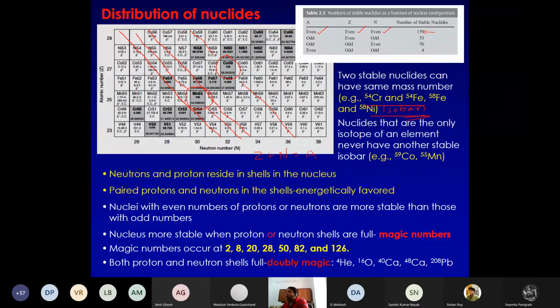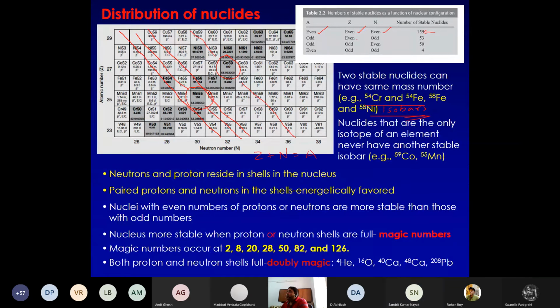Clearly, whenever you have even Z and even N, you have the maximum number of stable nuclei. That is because those nuclides have configurations where you have paired protons and neutrons in the shells in the nucleus, and therefore they are much more stable.